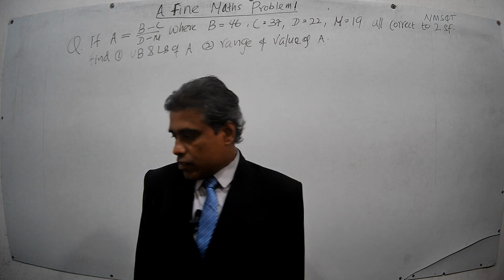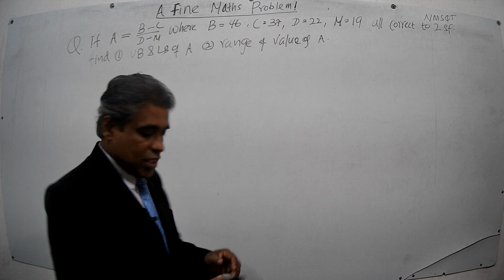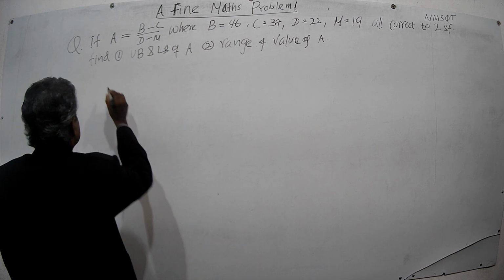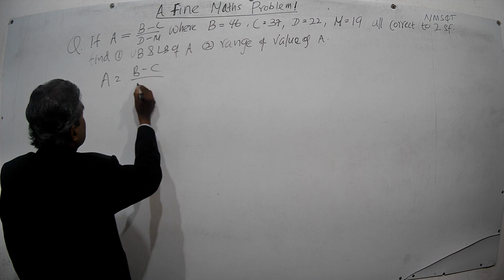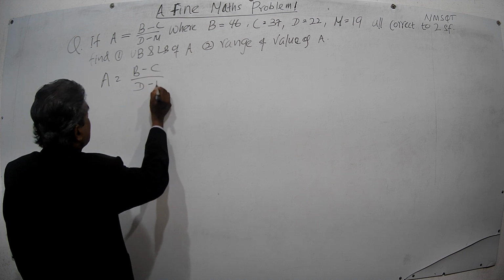Let's start. Right, this is the question. They say that A equals (B minus C) divided by (D minus M).